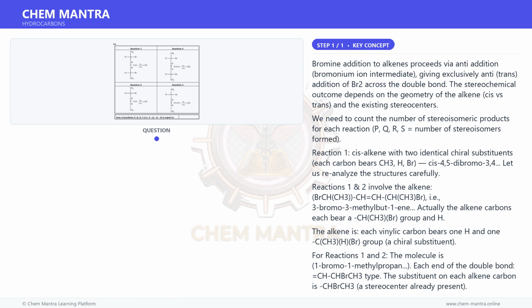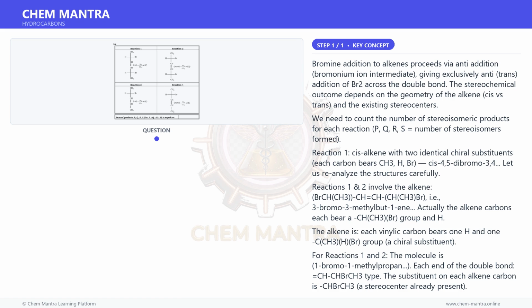The molecule has 3 stereocenters total after addition. Anti-addition from top versus bottom gives two products. R is equal to 2. Reaction 4, trans asymmetric alkene plus Br2: similarly, anti-addition from two faces gives two diastereomers. S is equal to 2.